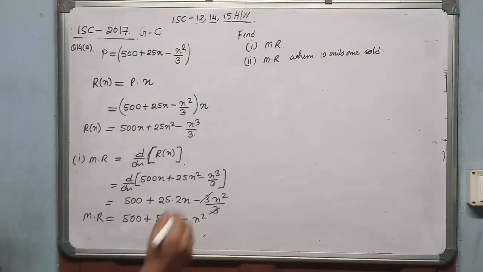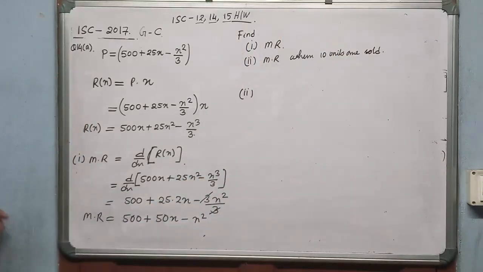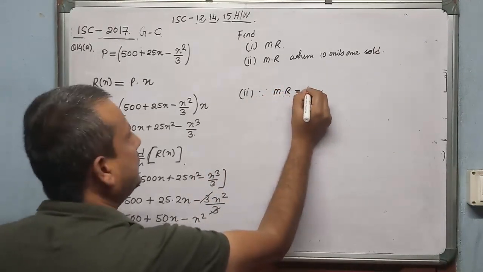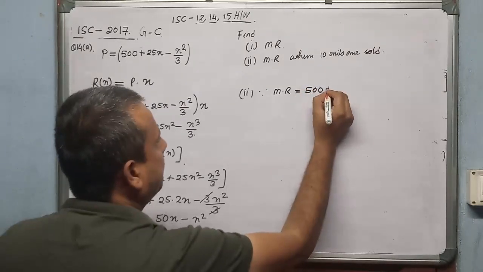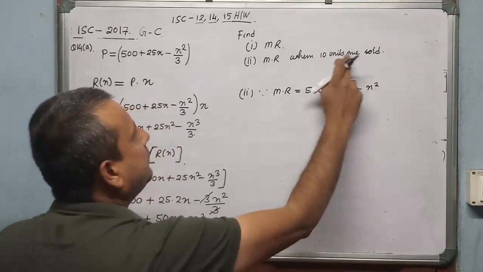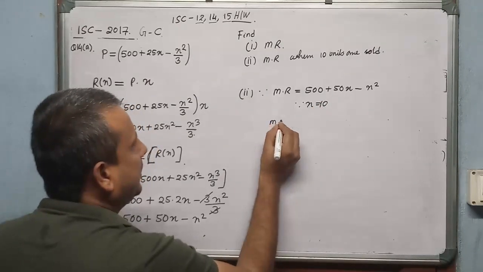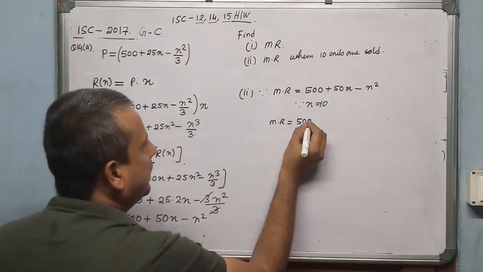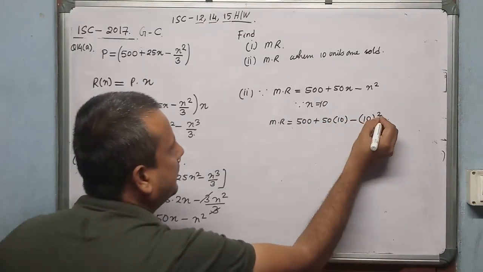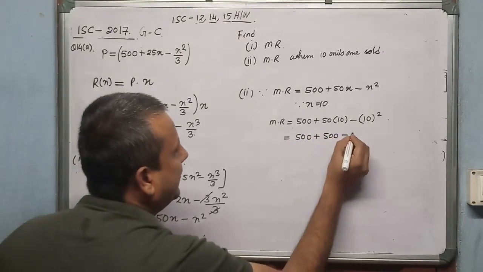Now next, number 2 problem. Marginal revenue when 10 units are sold means x is 10. Since our marginal revenue equation is 500 plus 50x minus x square, when 10 units are sold, x equals 10, then marginal revenue is 500 plus 50 into 10 minus 10 square. 500 plus 500 minus 100.